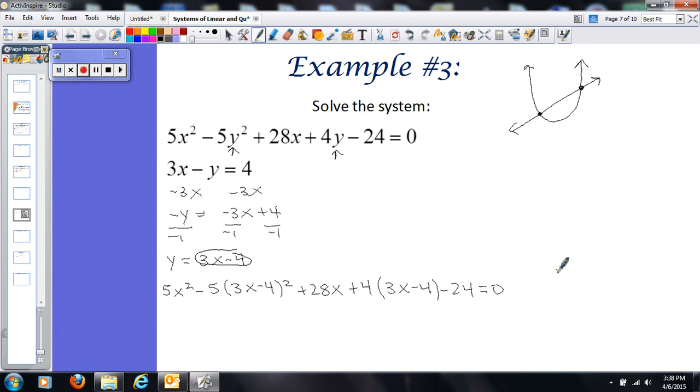And this looks like a lot, and it is going to take a fair amount of work, but you just got to go with it and do as much as you can to get it done, okay? So this is going to be 5x squared, and I will tell you that these do take a little bit of time. Minus 5 times. Erase this.